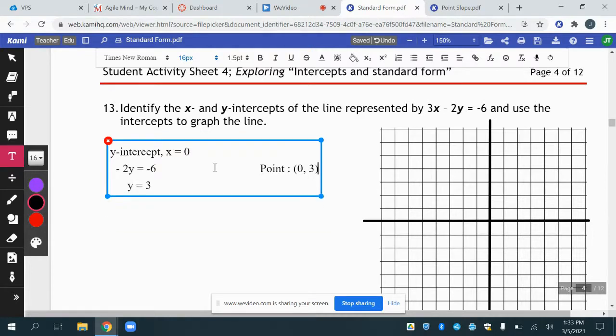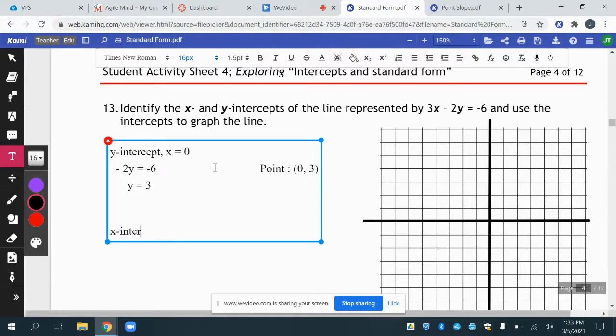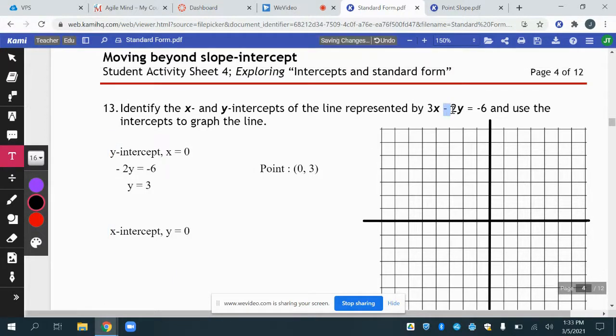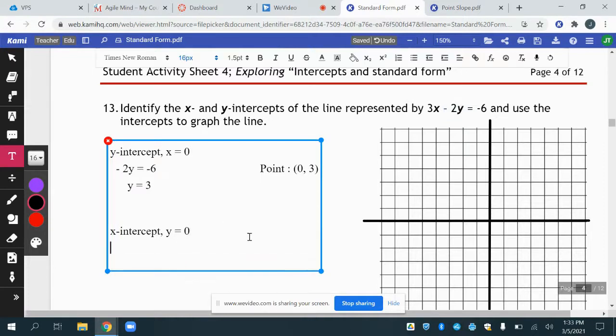X-intercept: y equals 0. If I make y 0, I'm going to end up with 3x minus nothing. That's going to turn to a 0. So I'm going to end up with 3x equals negative 6.